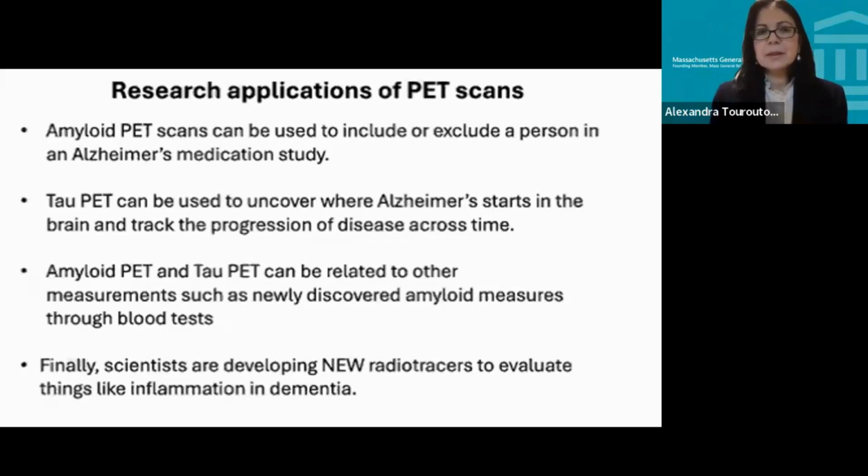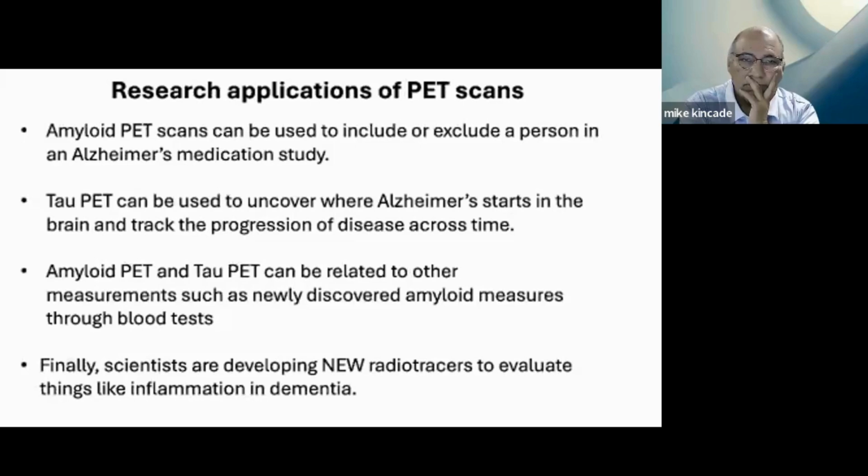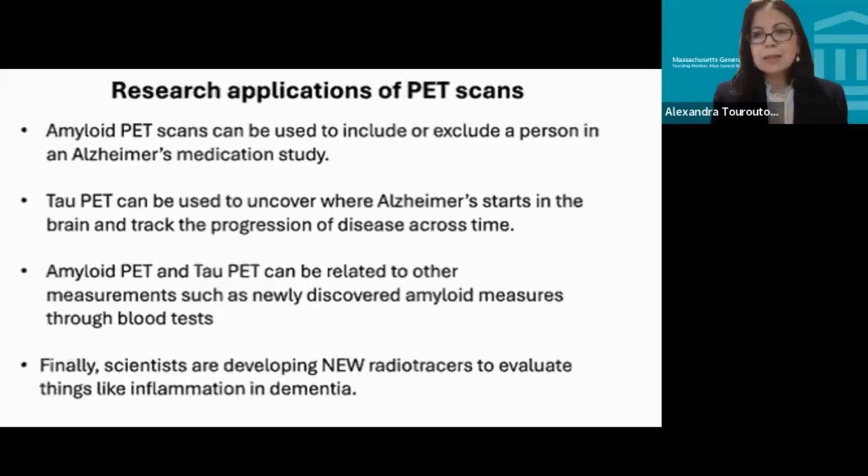So there are a lot of questions we can answer by brain imaging, both structural MRI and PET scans, to better understand the disease. The technology is there, and advancement is happening as we speak.